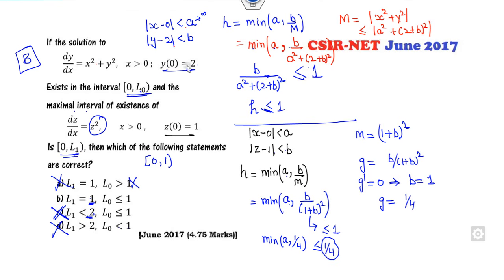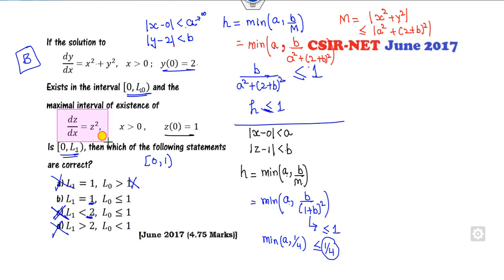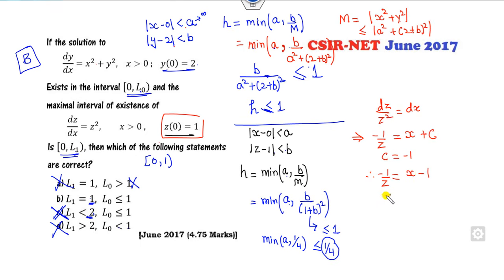There is one more method that directly comes to my mind for this case, because this problem can be easily solved. You can see I can write this function here. Fine. Now if I integrate them, it is minus 1 over z equals x plus c. z0 is given, so c will be minus 1. So therefore this is x minus 1. So z will be 1 minus x.